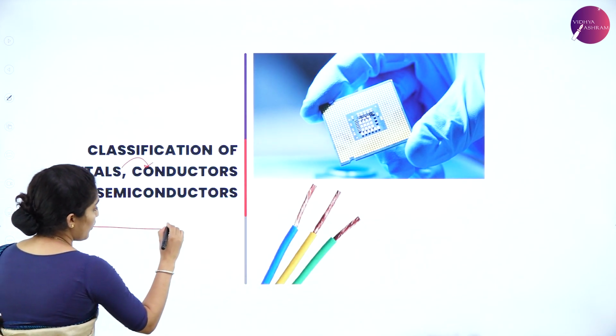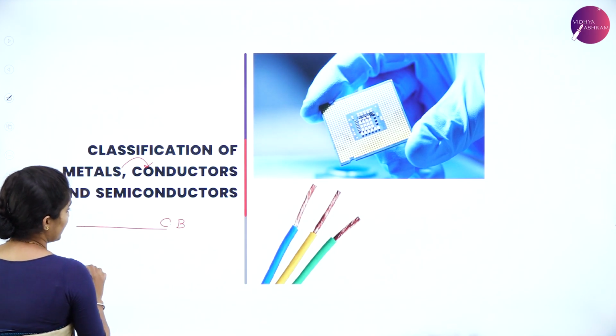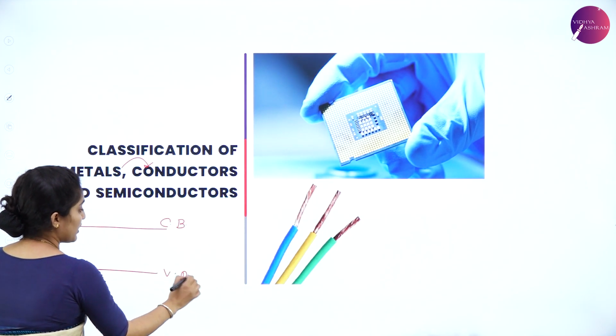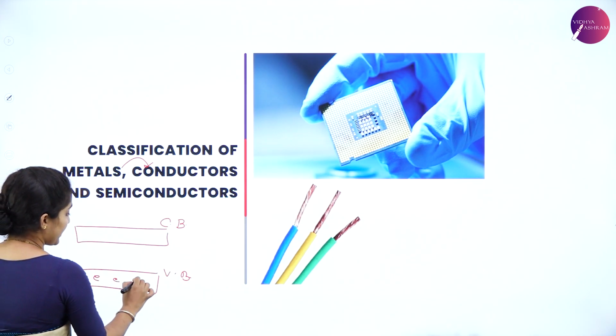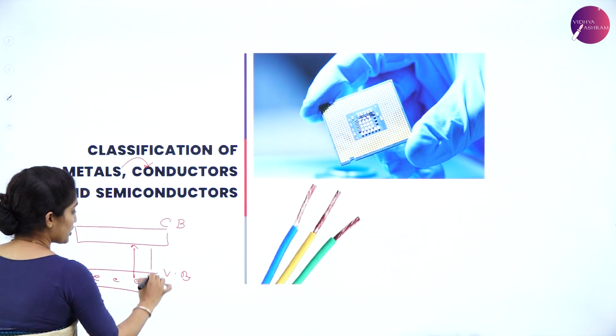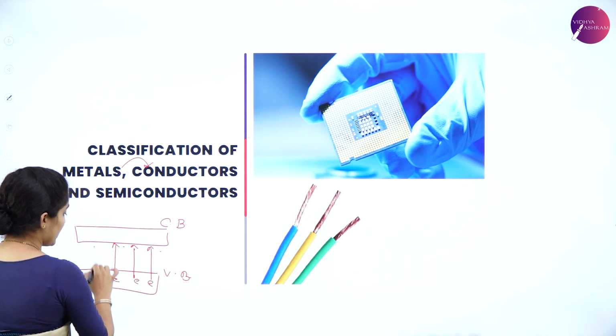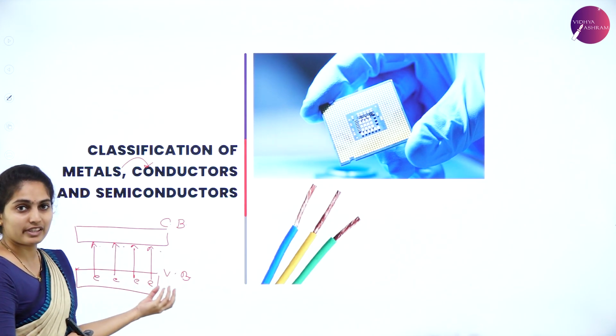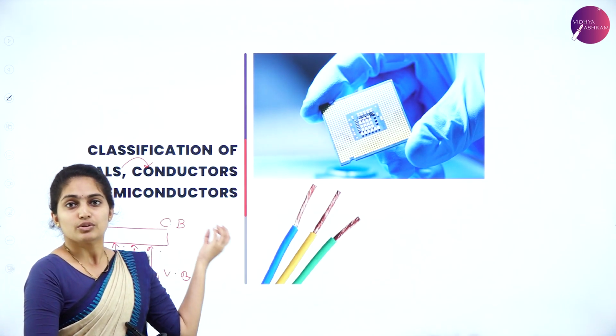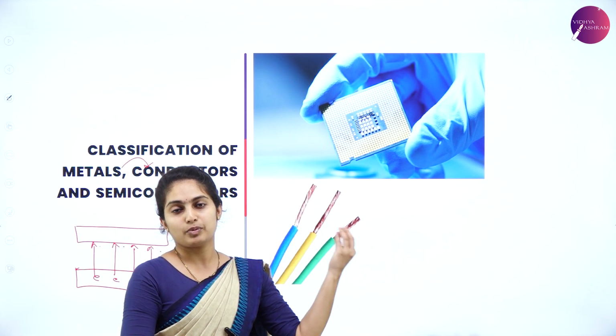That means you have two bands called the conduction band and the valence band, which is the lower one. Every time, the electrons from the valence band jump to the conduction band on absorbing certain energy. Whenever the energy is supplied, the electrons from the valence band jump to the conduction band, which gives you the process of a conductor.